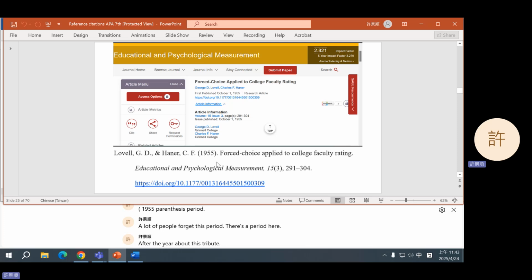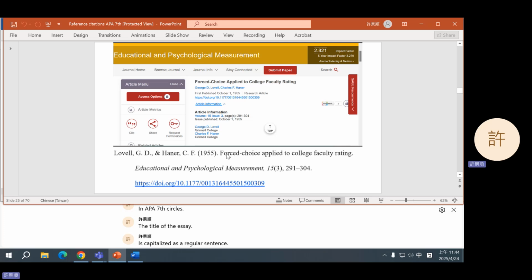Next, you have the title of this paper, the title of this essay. Here. This essay is called Forced Choice Applied to College Faculty Grading. What does this mean? I have no idea, but that's the title. In APA 7th citation style, the title of the essay is capitalized as a regular sentence.